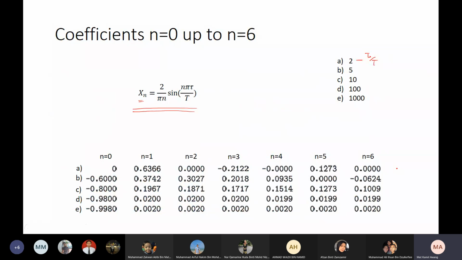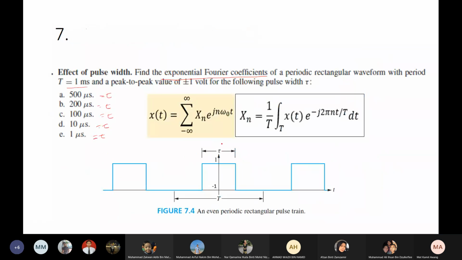This is the solution given, and you can check it against your workings. Because what you need to do is set up this basic equation, so x of t is basically this.